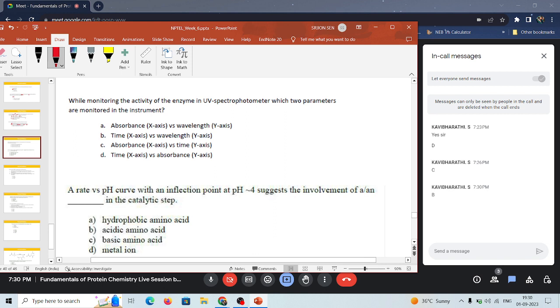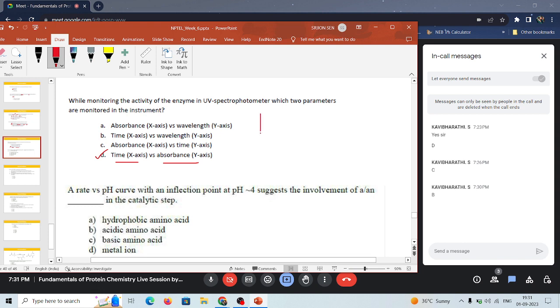So absorbance is important, but in which axis should it be? It should be in the y-axis. The absorbance is always in the y-axis, because we are also measuring the intensity and all. Only one option has absorbance in the y-axis, and in the x-axis we are going to have time. So D is the correct option.